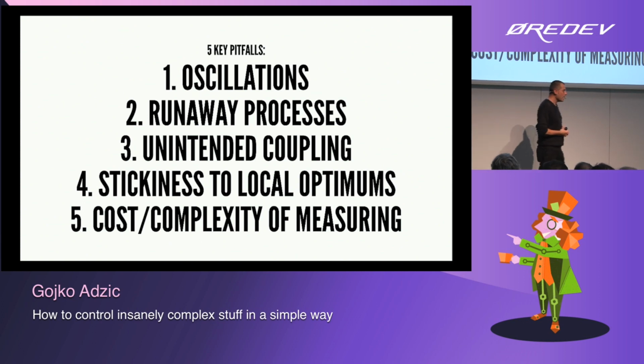The other thing is we can create runaway processes. Runaway processes are things where the feedback loop is automating things out of control, and people don't even see it like that. Another thing they talk about in the book is that by creating a feedback cycle around two things, we couple them.